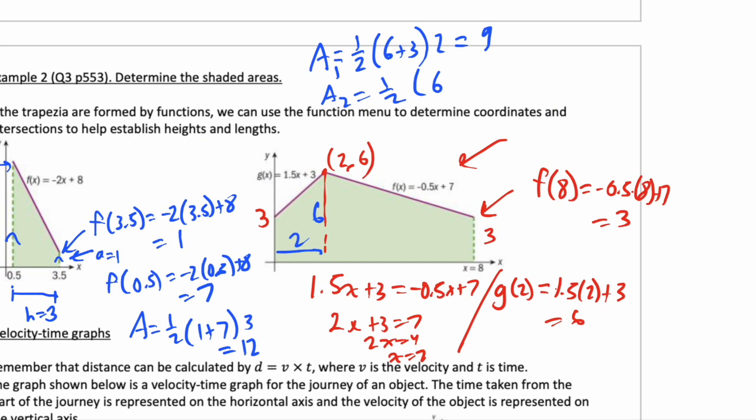Half of, this height here is also 3, and the other one is 3, so it's 3 plus 3... actually, they're both 3. So that's 9 times 3 is 27. We add those together. The area is 9 plus 27 equals 36.